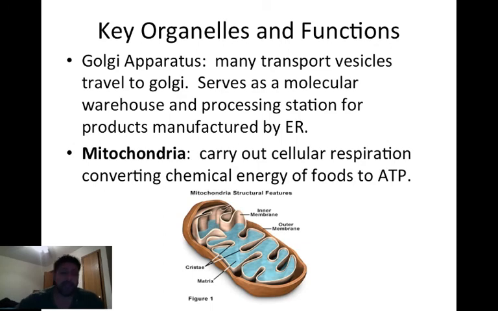And again, be familiar with the structure of the mitochondria. Remember that it has an outer membrane, it contains an inner membrane, and then the matrix is the space all the way within, and then of course the cristae are the folds.